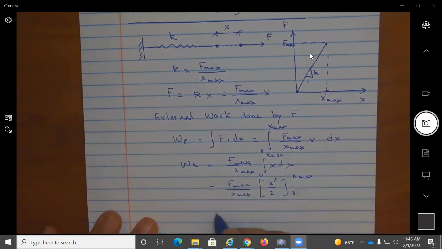Of course, you can see here we get X max squared and X max, so I end up with F max X max divided by 2.